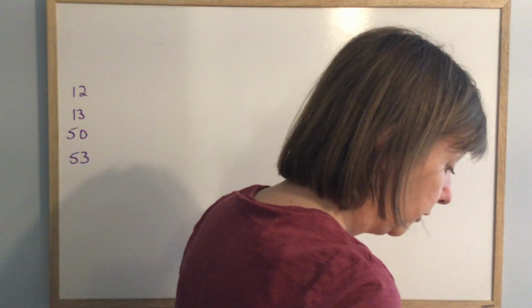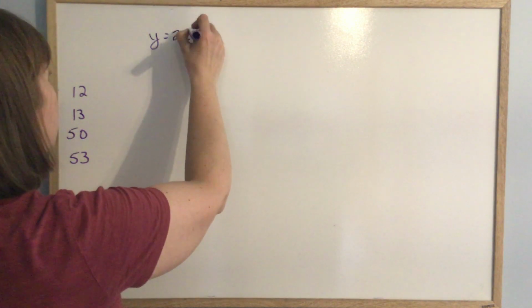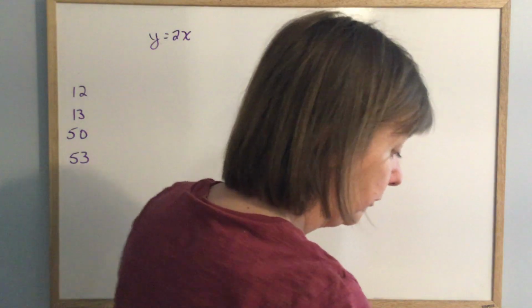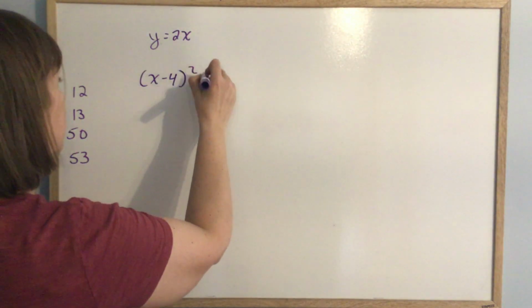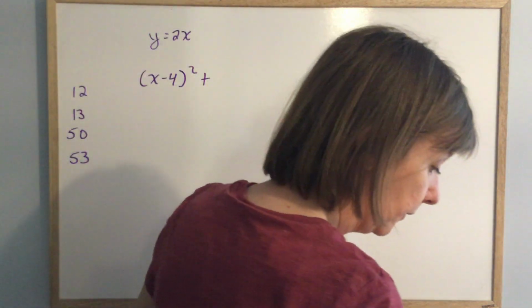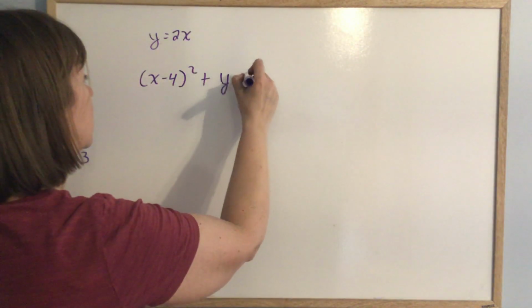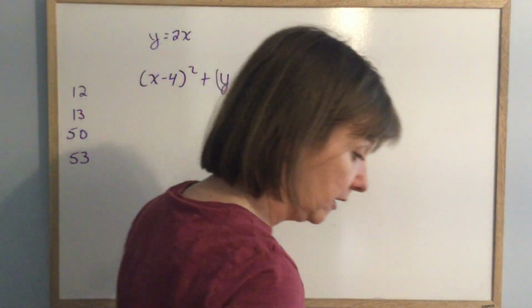But for number 12, they tell me y is equal to 2x. Well, that's handy. They've already isolated the y for me. And x minus 4 squared plus y plus 3 squared equals 26.